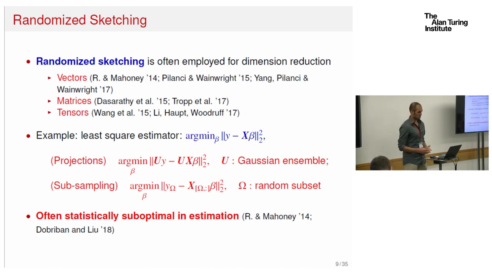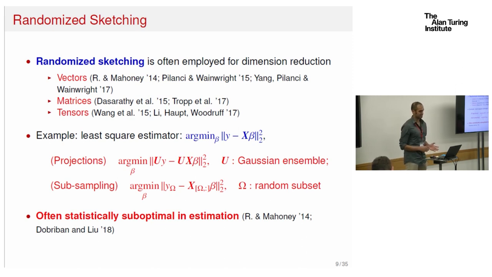But what's been shown, particularly from a statistical point of view, is that this is highly statistically suboptimal. In other works on sketching for matrices and tensors, in general, they're not statistically optimal, even though they have pretty nice guarantees in other respects, like approximation error, where they work pretty well. But if you consider the statistical setup that we're in here, where we're really interested in a true model with a true parameter, these are all statistically suboptimal.